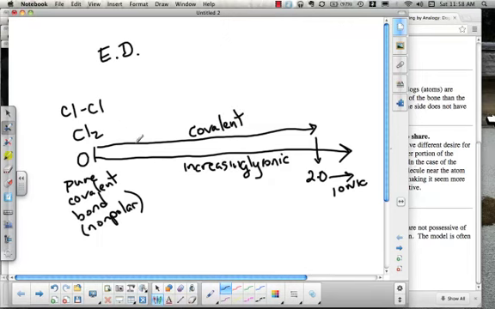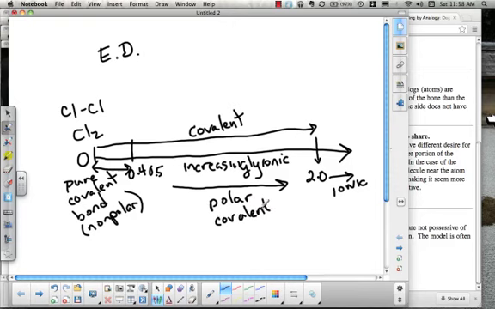The cutoff I'm going to give you is 0 to 0.4 for a pure covalent nonpolar bond. 0.5 to 2 is going to be polar covalent, where I have some charges, like the HCl and HF examples in the simulation with the dogs.